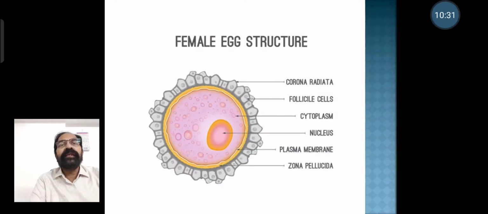So the picture showing egg structure. That one again surrounded by corona radiata. Then follicular cells are there. Then inside you can see the nucleus, the plasma membrane, and zona pellucida.